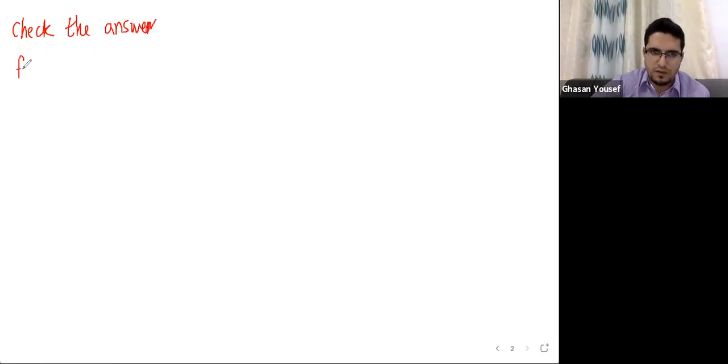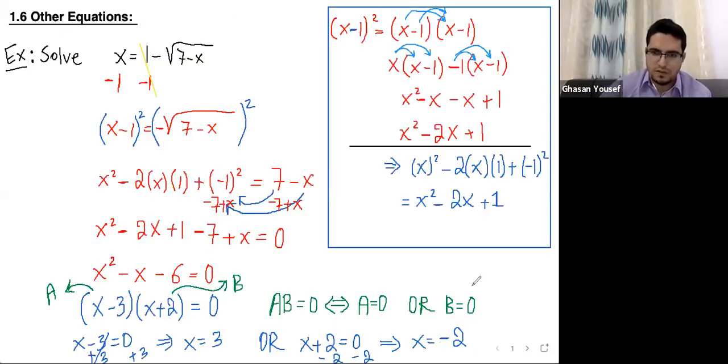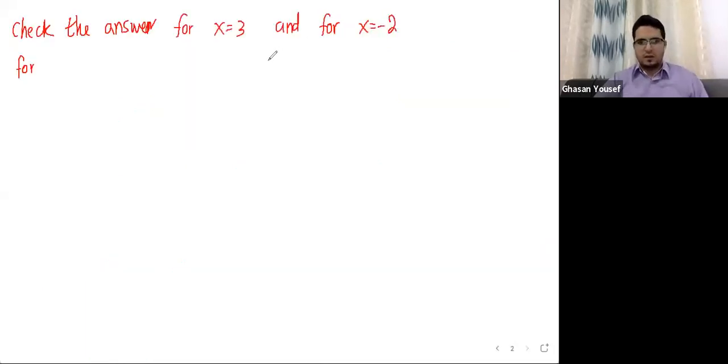So for x equal 3 and for x equal minus 2. So for x equal 3, just plug the 3 inside the formula, inside the expression.